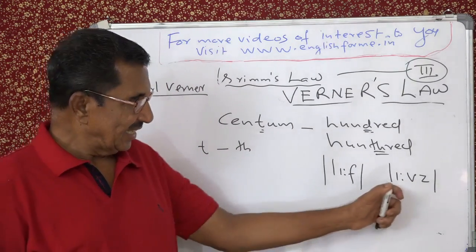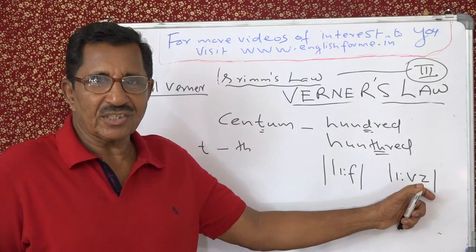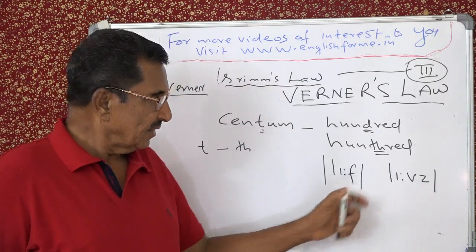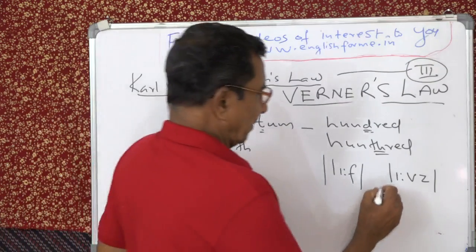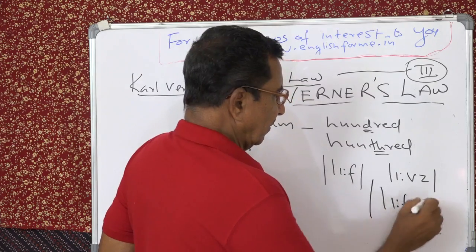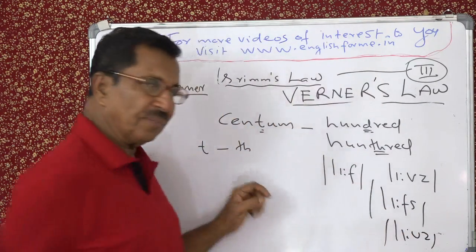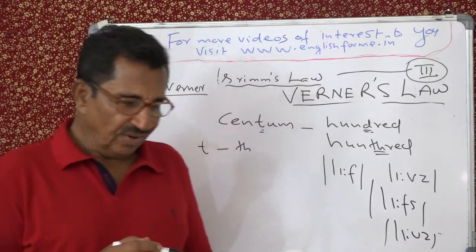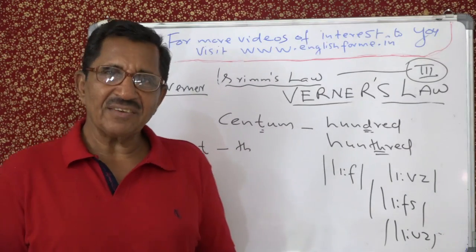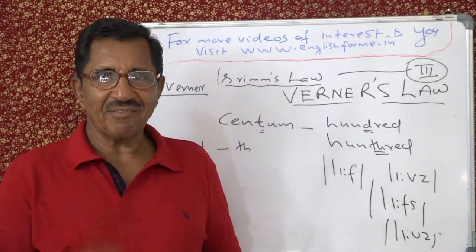You see? This is a vowel, this is a voiced sound. And this is z, this is a voiced sound. So what happened is, instead of leafs, you have leaves. I hope you understand. A simple example. Now we don't say leafs, but we say leaves. Why? Influence of the phonetic environment.